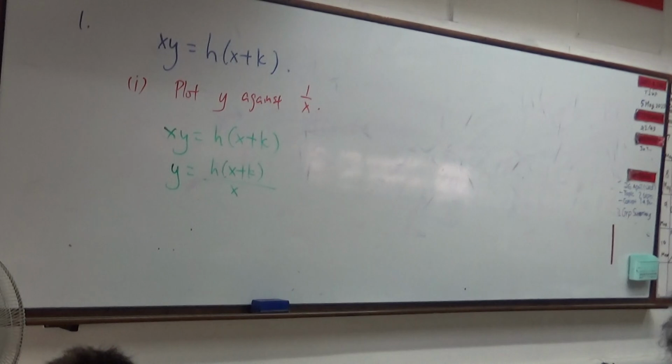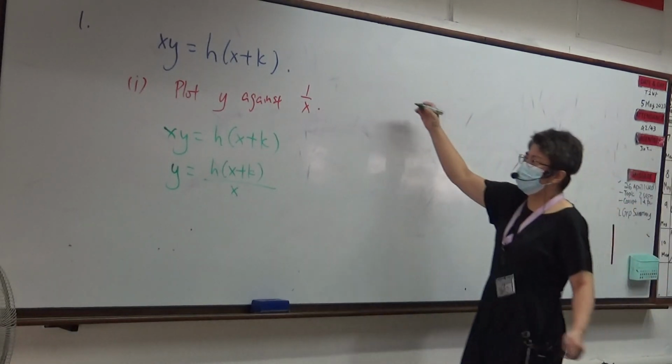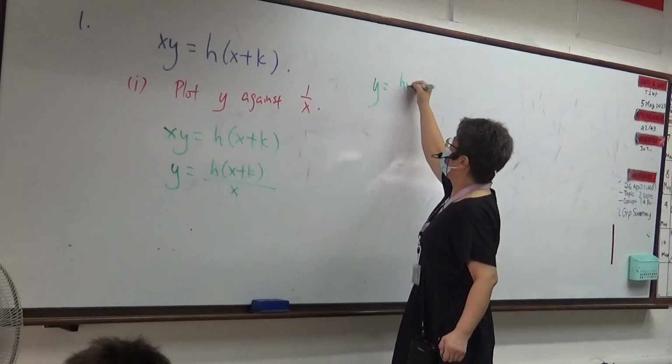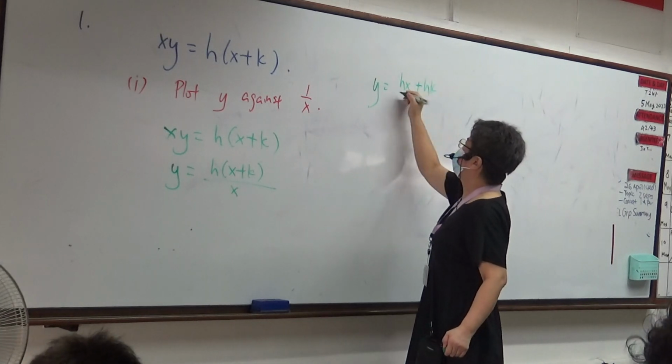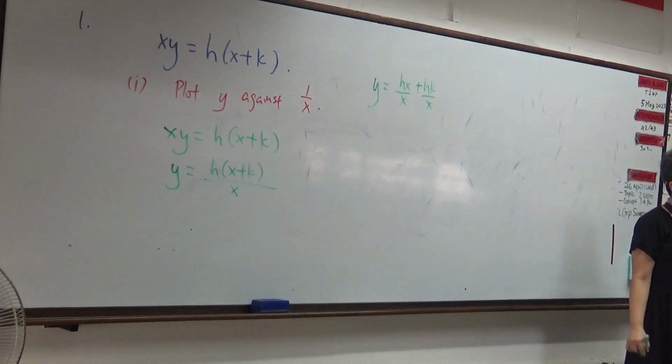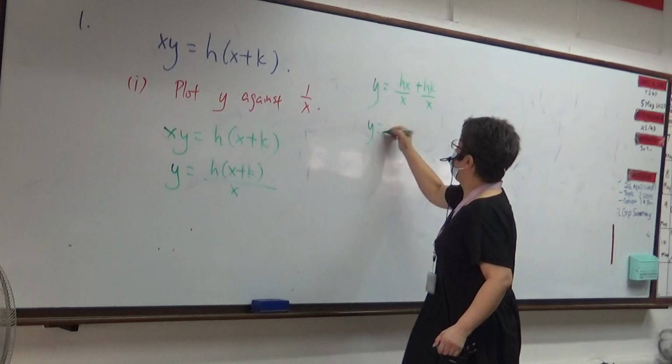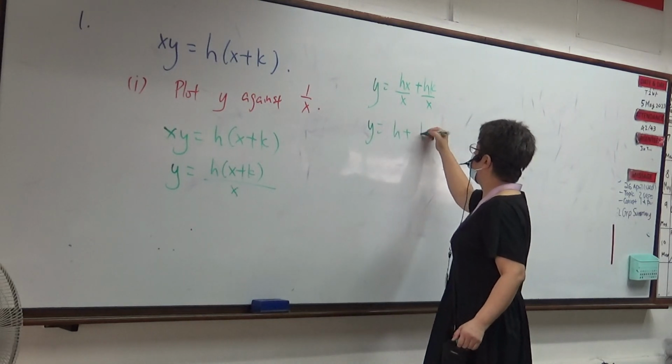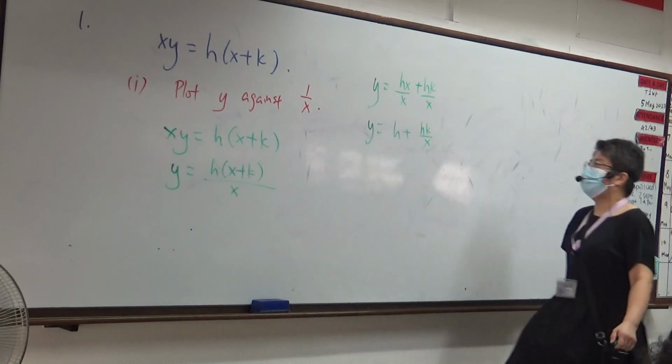Okay, until here? Now, next up, y will be hx over x plus hk over x, right? And I can also do it like that, right? So y will be h plus hk over x.